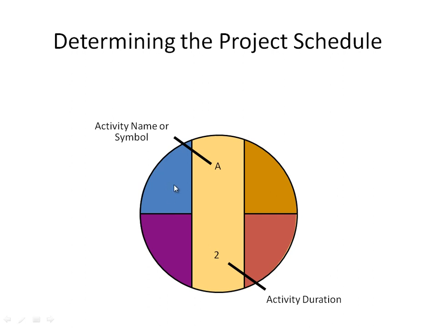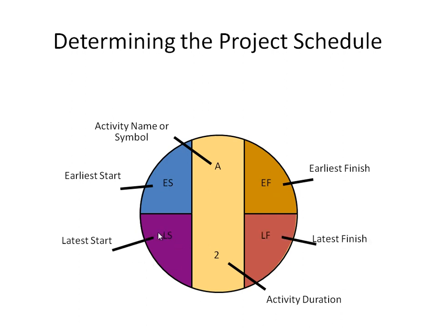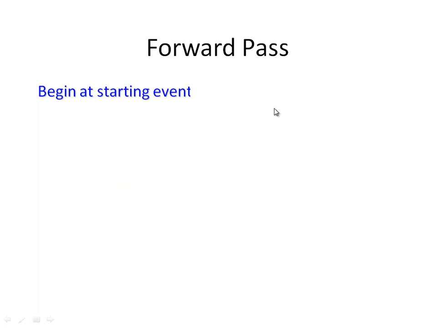The early start will be in this corner, and the early finish in this corner, then the late start in this corner down here, and the latest finish in this corner. So let's go with the forward pass.